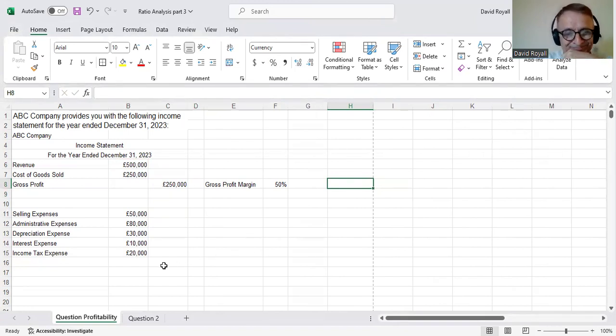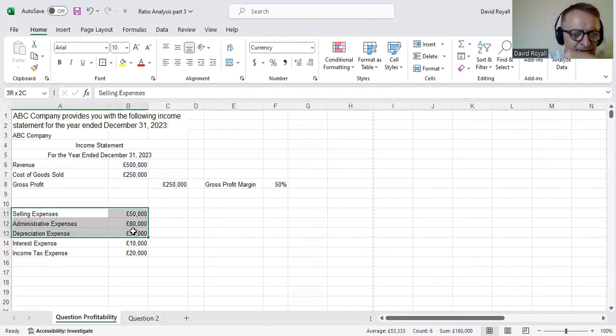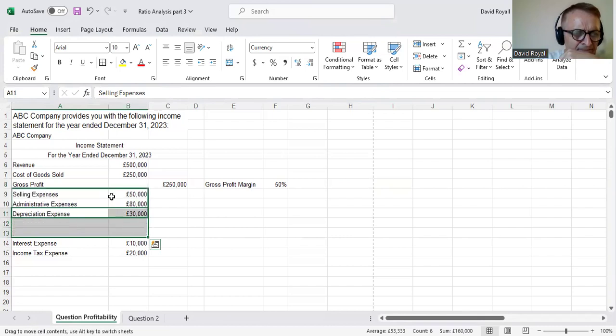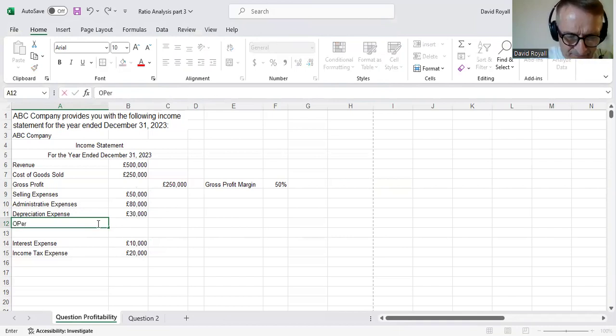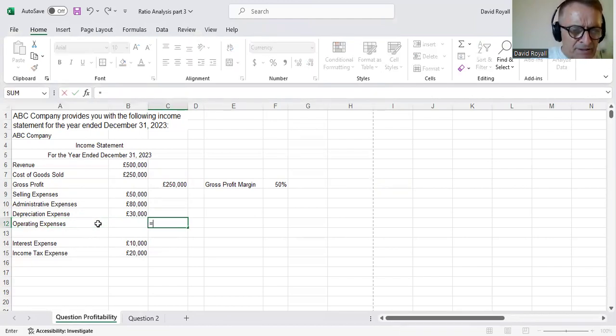But of course, what we'd be interested in is our expenses. So what I want to do is look at what's called the operating expenses. These are the expenses in running the business, the day-to-day stuff. So I want these operating expenses. That's going to be these 3 figures.